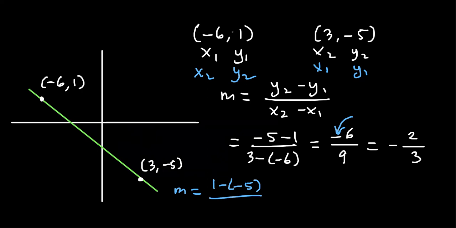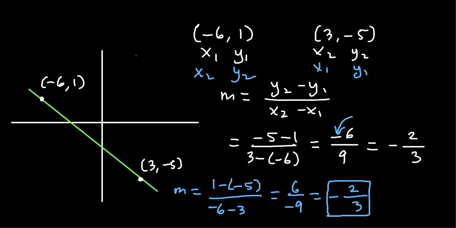And then x2 minus x1, that would be -6 minus 3 this time. And that gives -6 over 9, sorry, 6 over -9. And that simplifies to give -2 over 3. So you can see that we got exactly the same gradient, even though we labeled them differently.